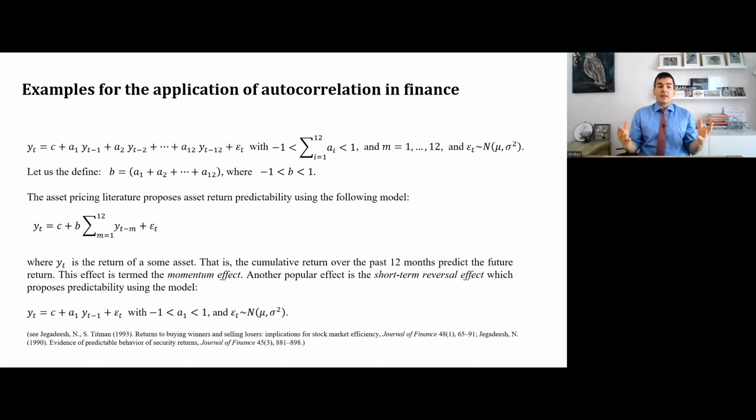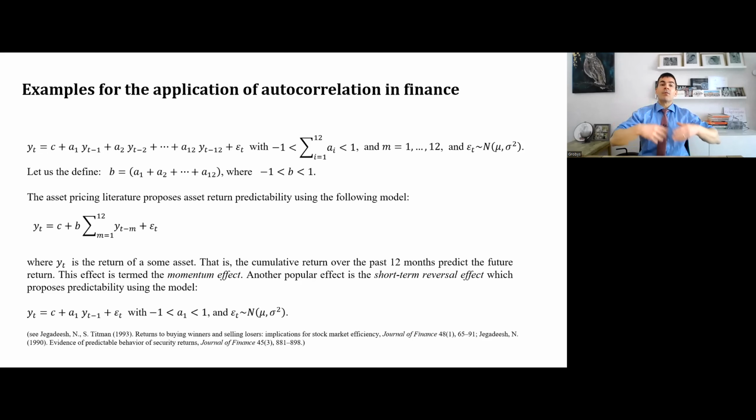So if you have real life data, a data vector of returns, you can compute a vector that gives you the cumulative return of the past 12 months, and you can just regress the return vector of some asset on the cumulative sum of its own past returns.